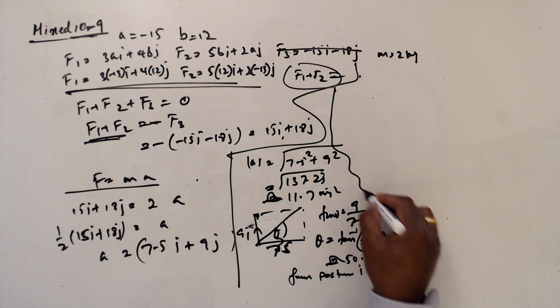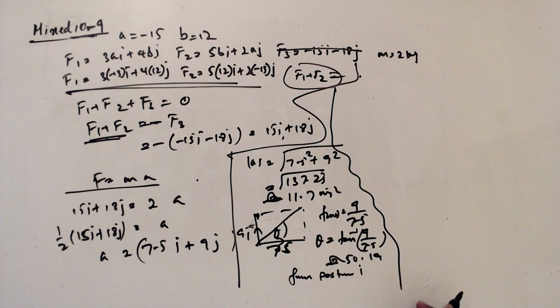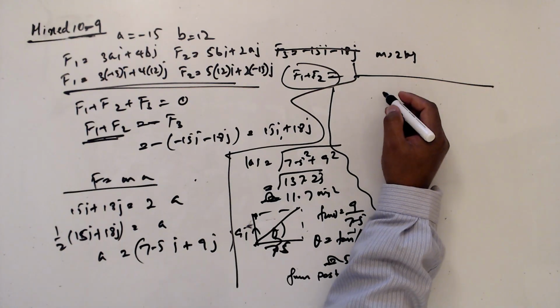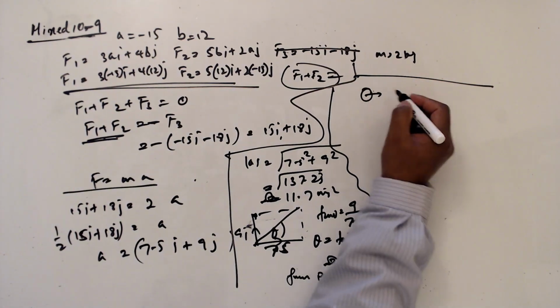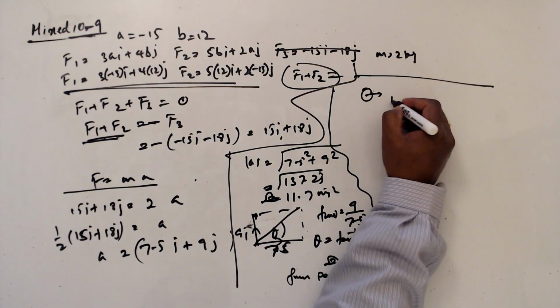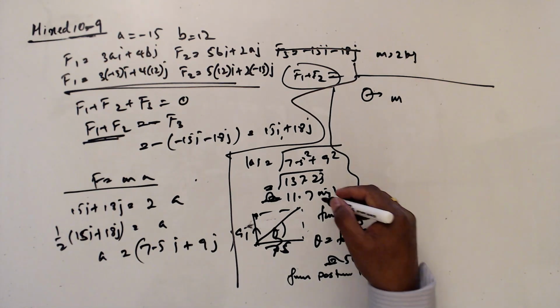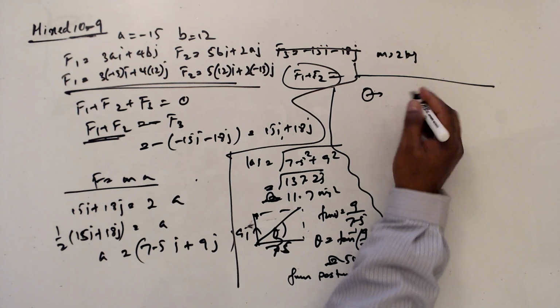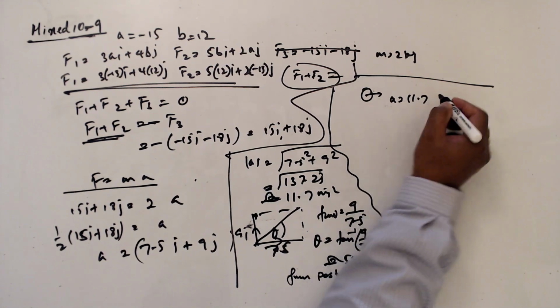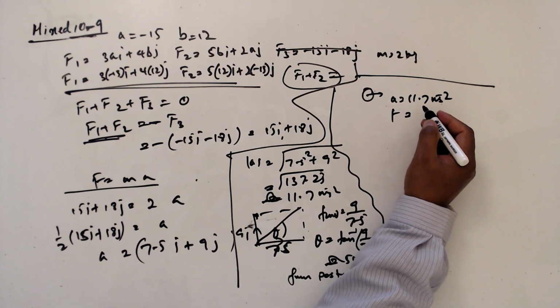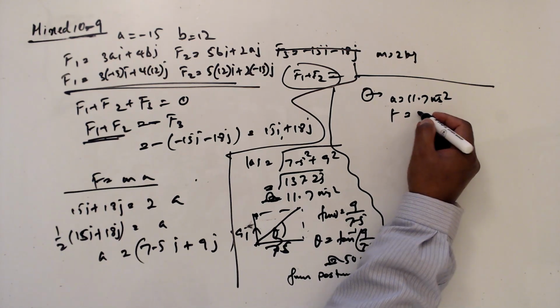Now the next question is the distance traveled by the particle in 3 seconds of its motion. So now we have the acceleration, we found a is 11.7 m/s², and t is given as 3 seconds.